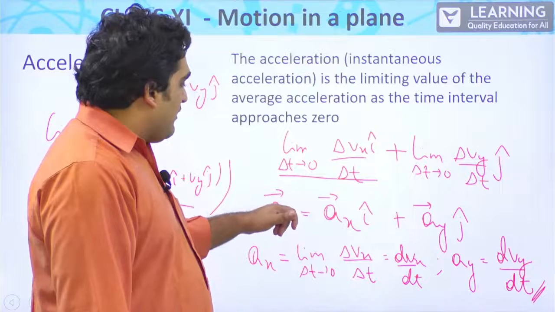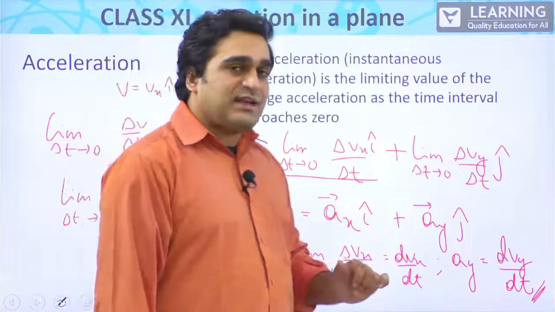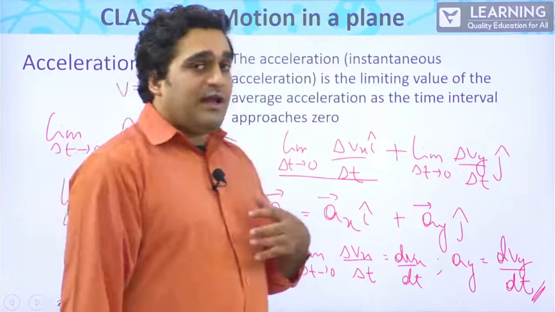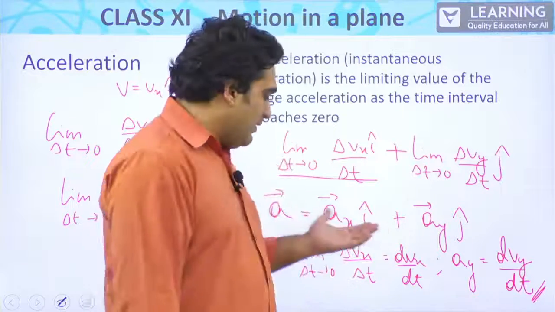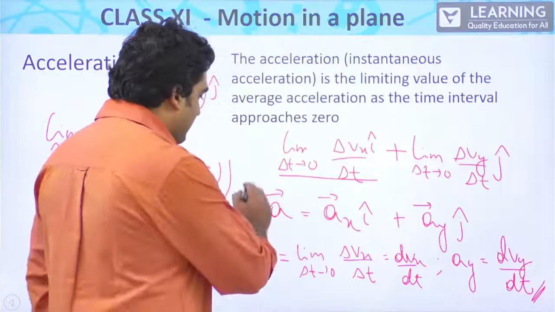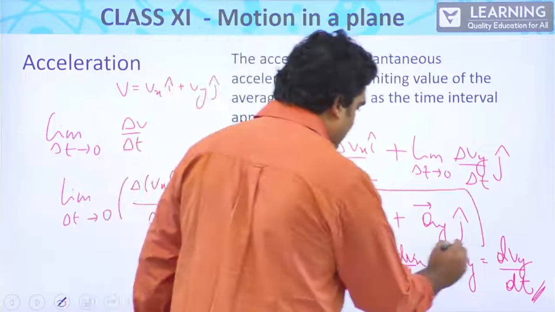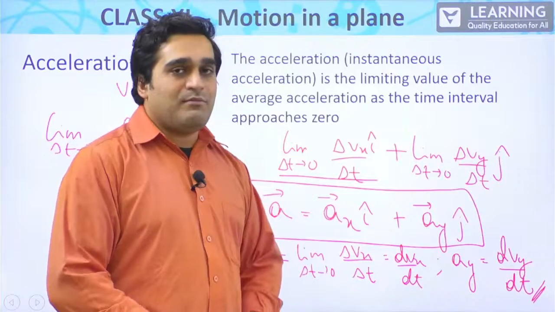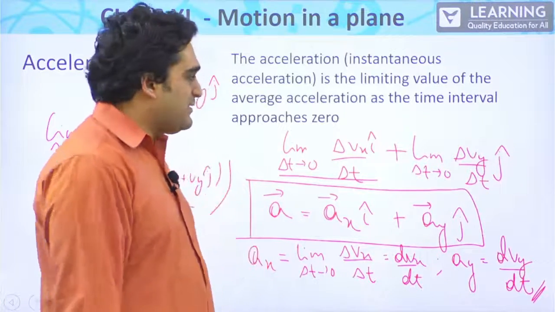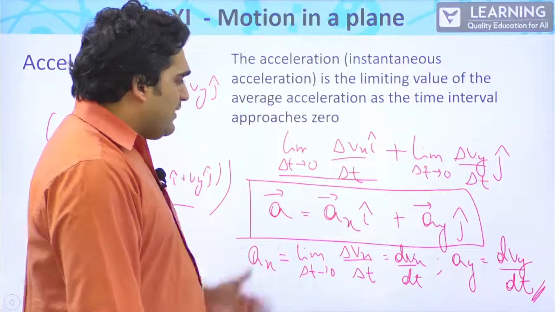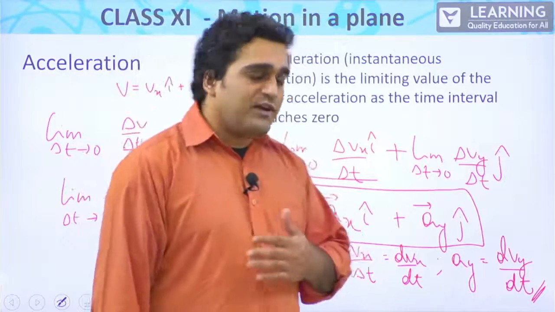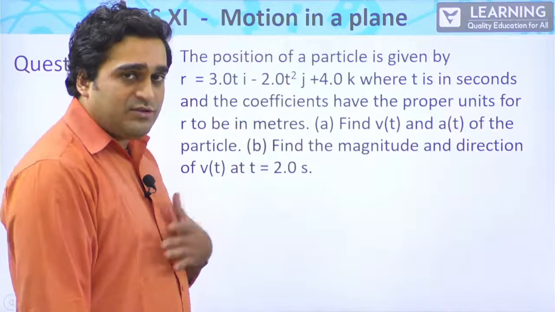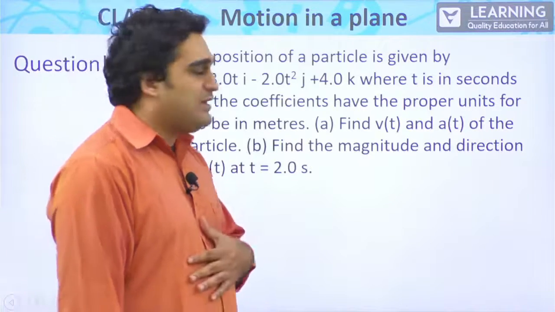And now instantaneous acceleration, we looked at it by a graphical method and by an analytical method, where we derived the following term, where you have the x component and the y component of an instantaneous acceleration. So what better way to understand this than by solving a problem? Let us go ahead and solve a problem based on this so that we get a better idea of what we're dealing with.